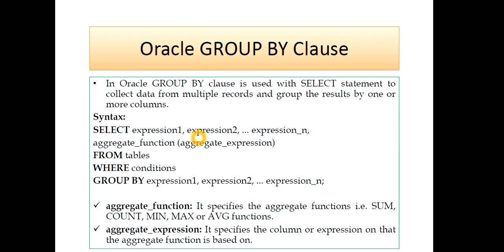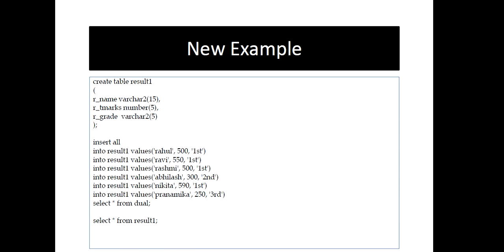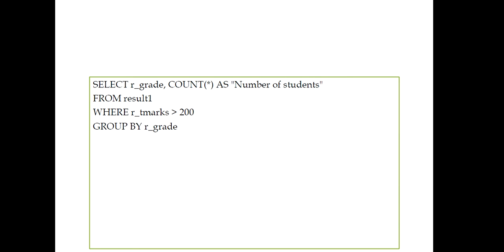Now, coming to a practical example, say we are going to create a table result 1 with R name, RT marks, R grade as its attributes, and then we are going to insert a few values into it. You can take a screenshot of this. Then we are trying to perform this: select R grade, count all as number of students from result 1 where RT marks is greater than 200, group by R grade.